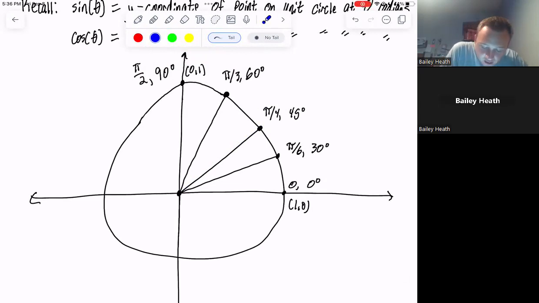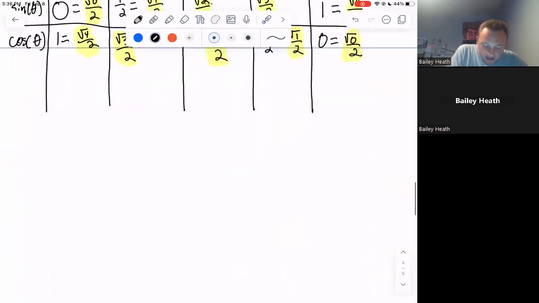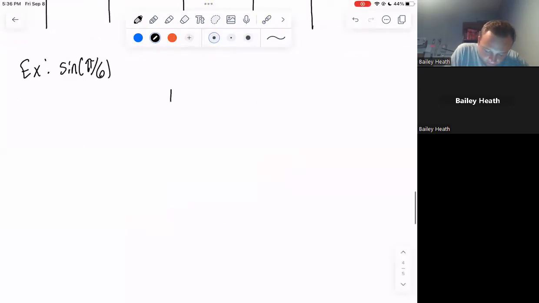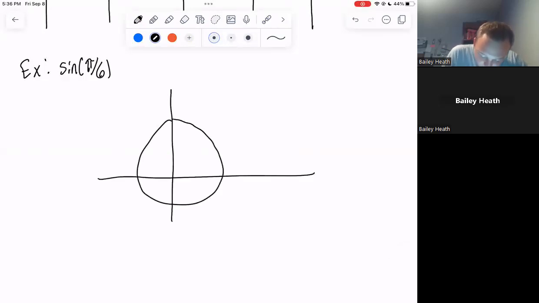Okay. So let's say that I was asked to find sine of pi over 6. Well, I look at my unit circle and I think to myself, okay, pi over 6. First, let me sketch. So this is pi over 4. And at this point, I know that sine is equal to cosine, as we just said a moment ago.